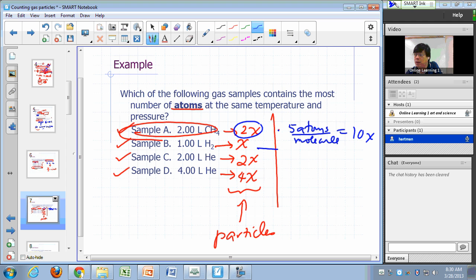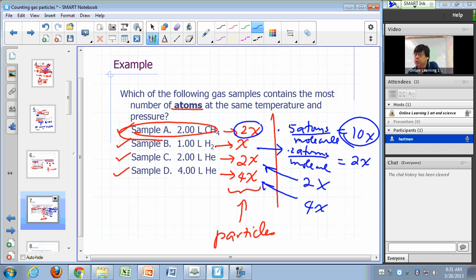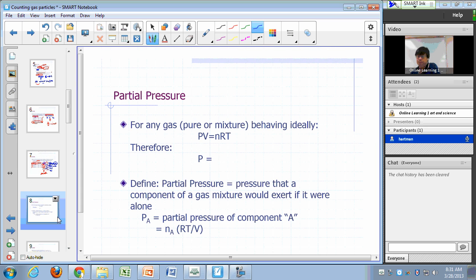This one on the other hand, you multiply that by 2 atoms per molecule. So that's going to be 2 times 1, that's just going to be 2x. And this is just still 2x, and that would still be 4x. So A would have the most number of atoms. But as far as number of moles of gas particles, sample D would have more gas particles.